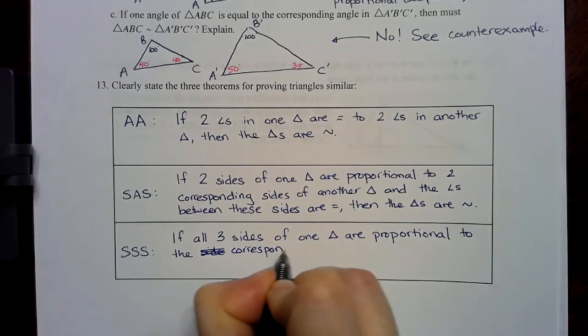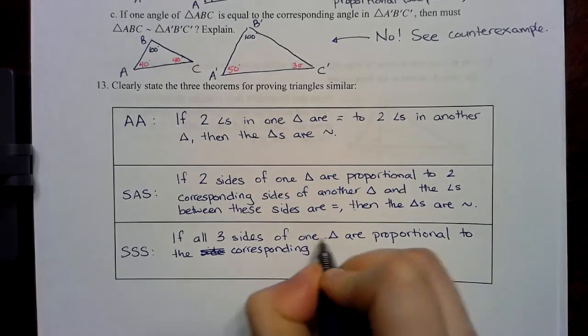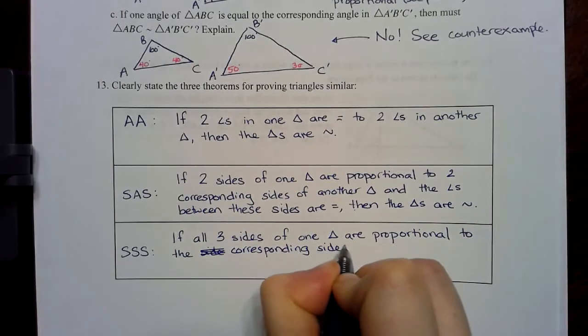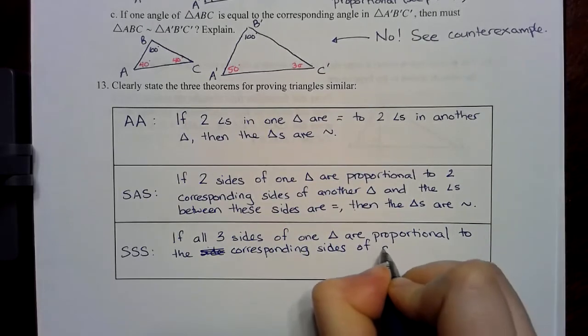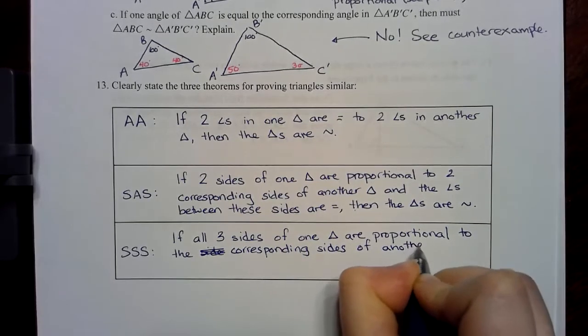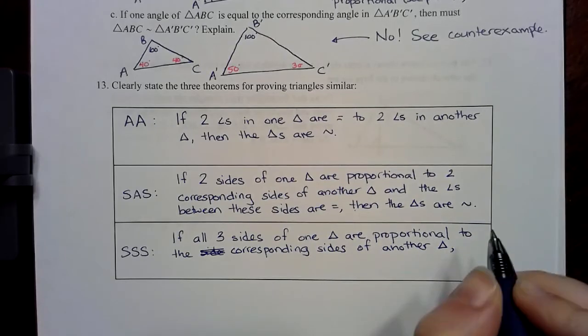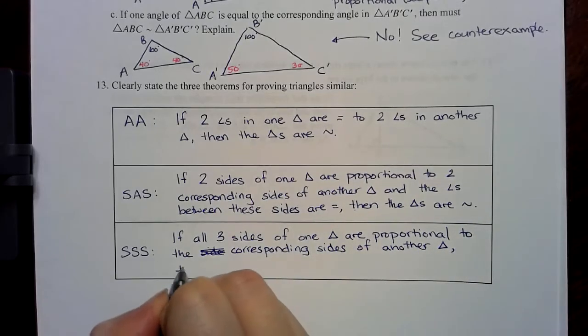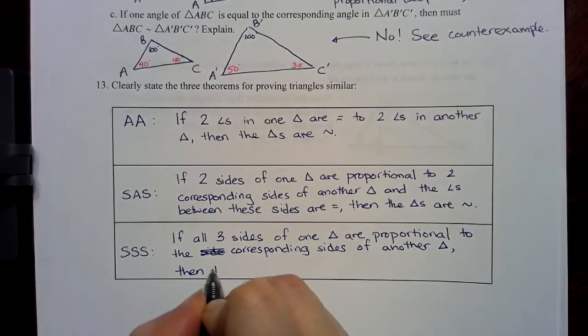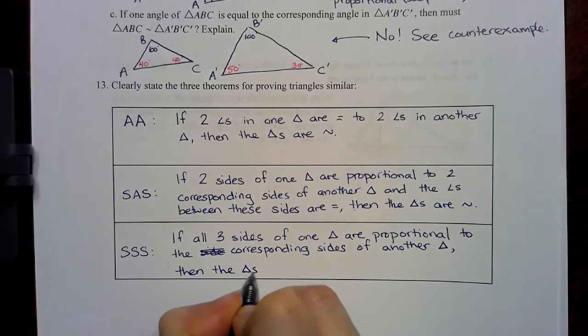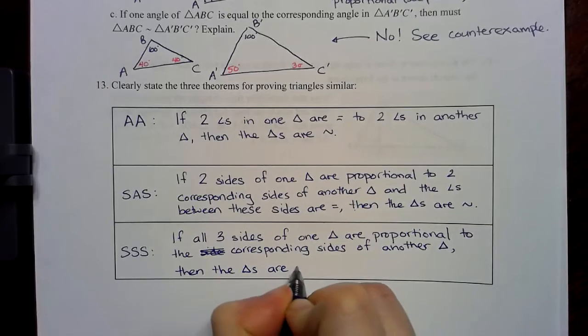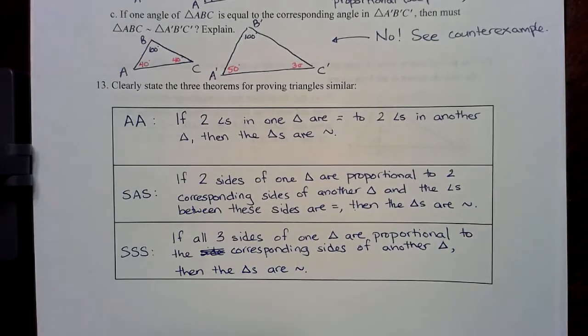Corresponding sides of one triangle and another triangle, then those triangles are similar.